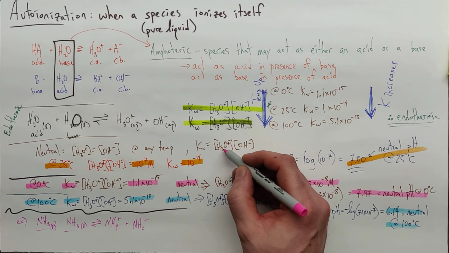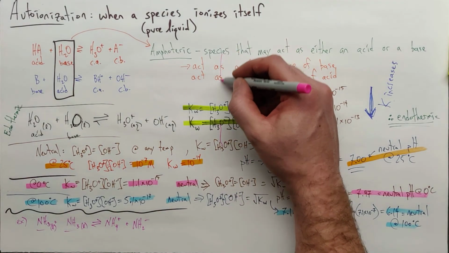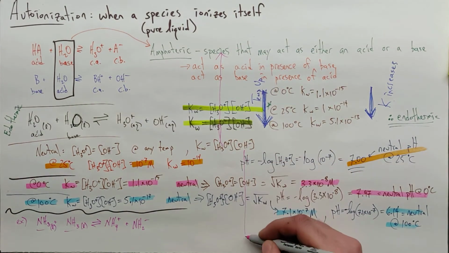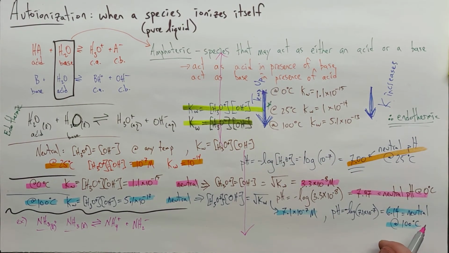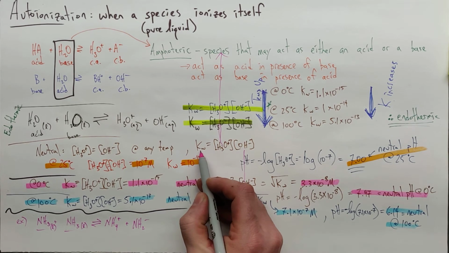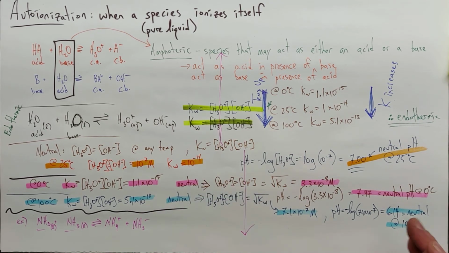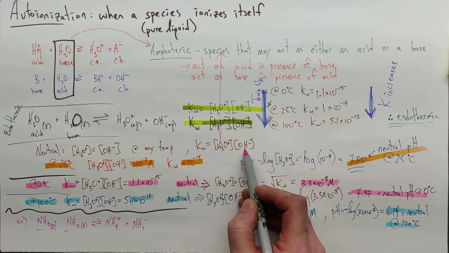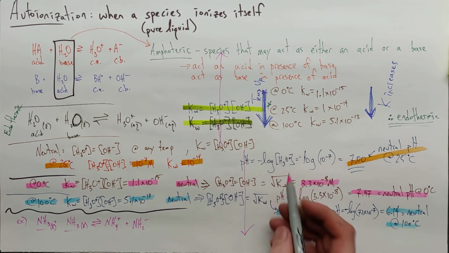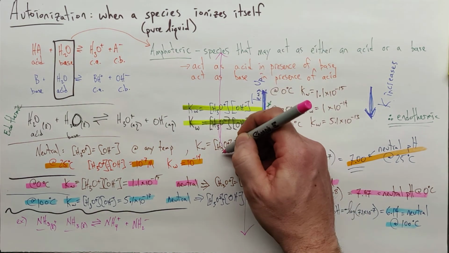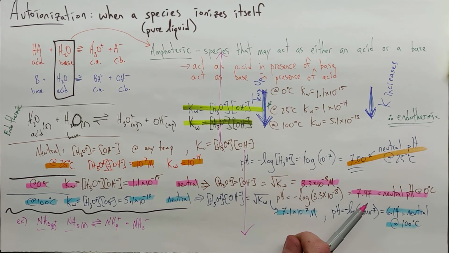If H3O+ goes up, if something becomes more acidic, then OH- has to go down correspondingly, because it can't be 0. So a common misconception is that in an acidic solution you don't have any OH's. No. In an acidic solution you just have fewer OH's than H's. And in a basic solution, this number goes up and this number goes down. So in a basic solution, you have H3O+ still, you just have fewer of them than hydroxides.